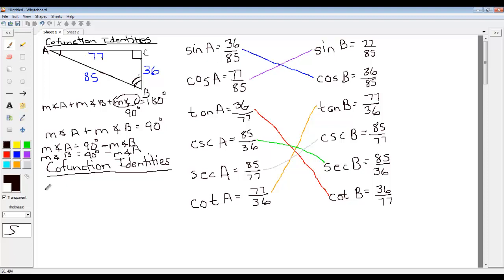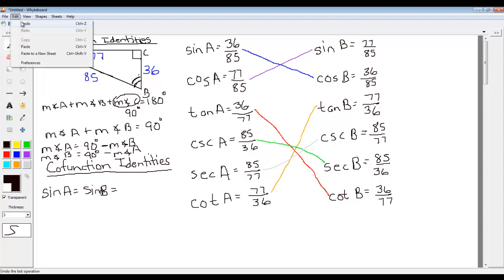We know that sine of A is the same thing as sine of B. And that's going to be true for these right triangles every time. But sine of B can also be written, or it means cosine of B, excuse me. Let me undo that. I was thinking ahead and not thinking well enough. Let's go backwards.